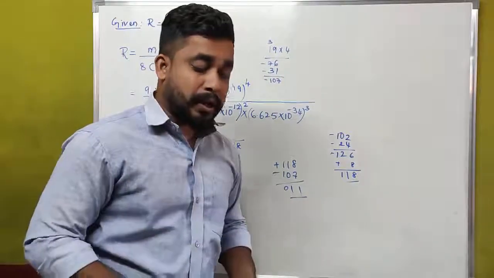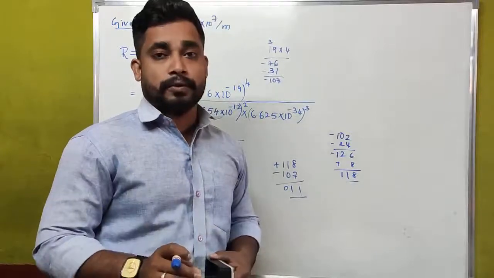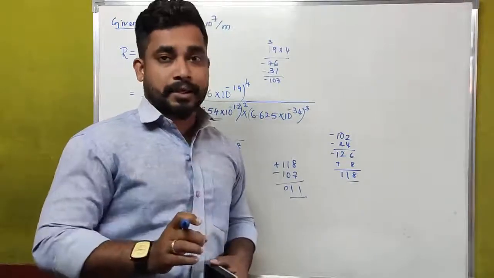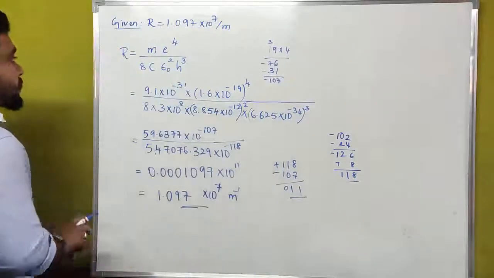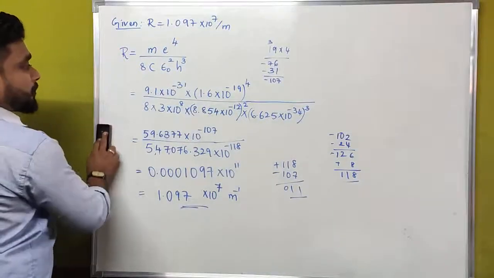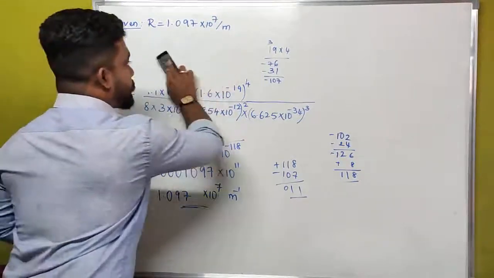What is the problem? Calculate the shortest wavelength and longest wavelength of a Balmer series of hydrogen atom. We have to calculate the shortest and longest wavelength of a Balmer series of a hydrogen atom.